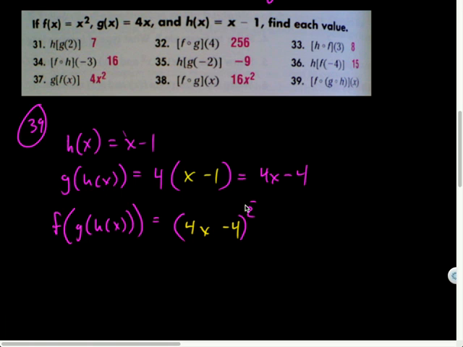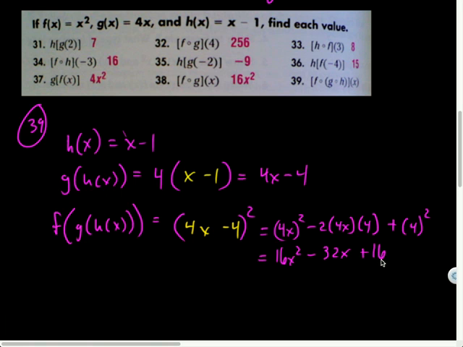And I can't just distribute a square over subtraction, so I'd have to maybe use a pattern or FOIL it somehow. So this is going to be, I believe, I'll use the pattern, (4x) squared minus 2 times 4x times 4 plus 4 squared. All right, when I use the square of a binomial pattern, this is going to be 16x squared minus 32x plus 16, I believe.